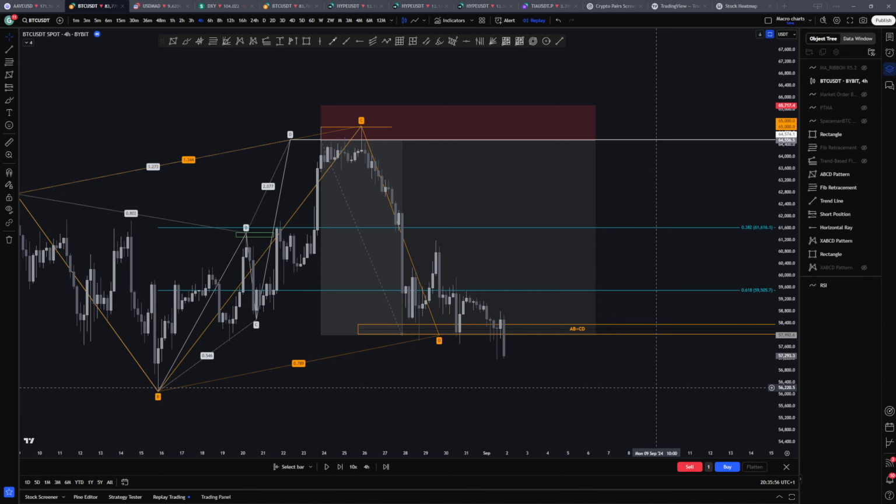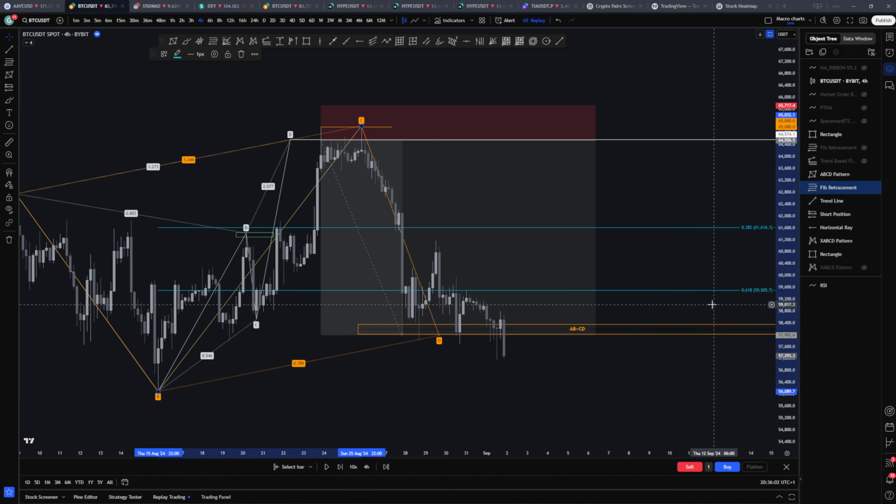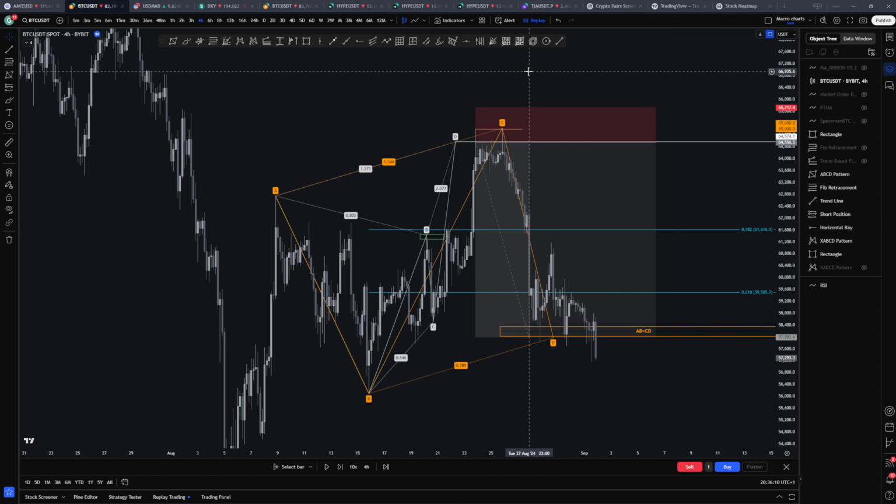What is the data accuracy in harmonics? From the D point to TP1, so the 0.382, is about a 75%, to TP2 is about a 65%. And the validation that is used for it are the technical targets, so that is the X point on all harmonics with an X to D below 1.